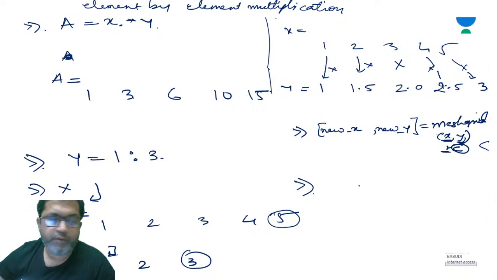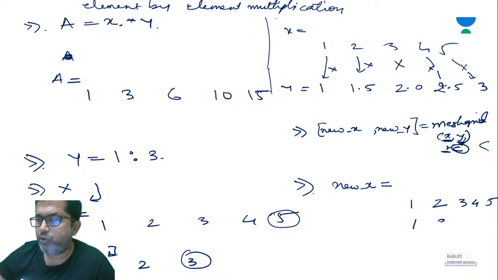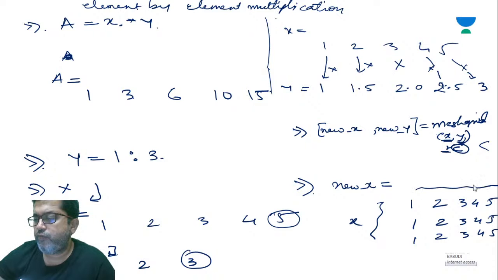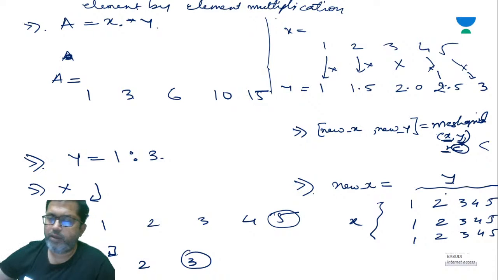I will get new x equal to 1, 2, 3, 4, 5, again 1, 2, 3, 4, 5, again 1, 2, 3, 4, 5. So 3 rows I will get for x, 5 columns I will get.